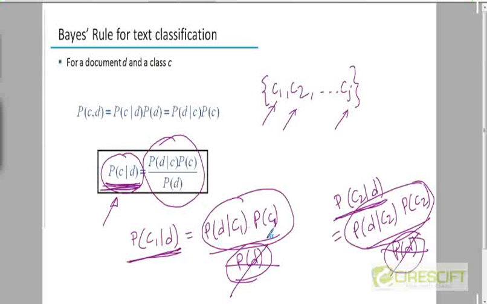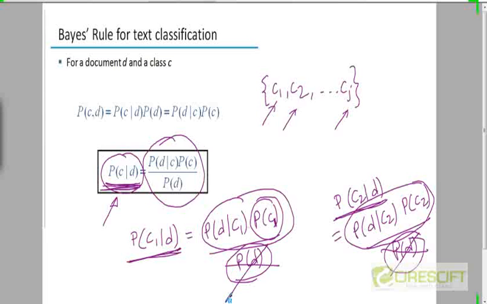So how do we compute this numerator? Well, this particular term P of C1 is the prior probability of class C1. That means, imagine this scenario. Okay, I just come and tell you that I have a new document.